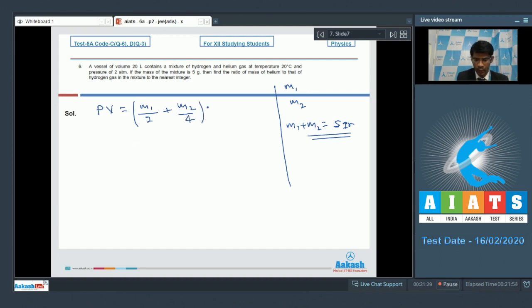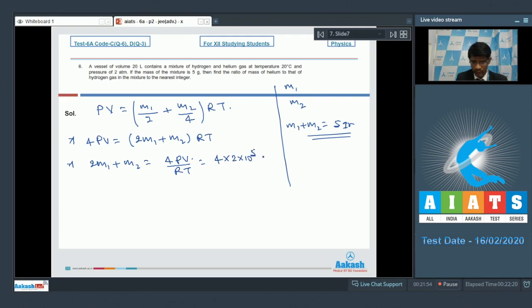This is N1 plus N2, into R into T. Just putting these values here, we will get PV equals (2 M1 plus M2) RT divided by 4. So 2 M1 plus M2 equals 4 PV divided by RT. P is 2 into 10 to the power 5 here.